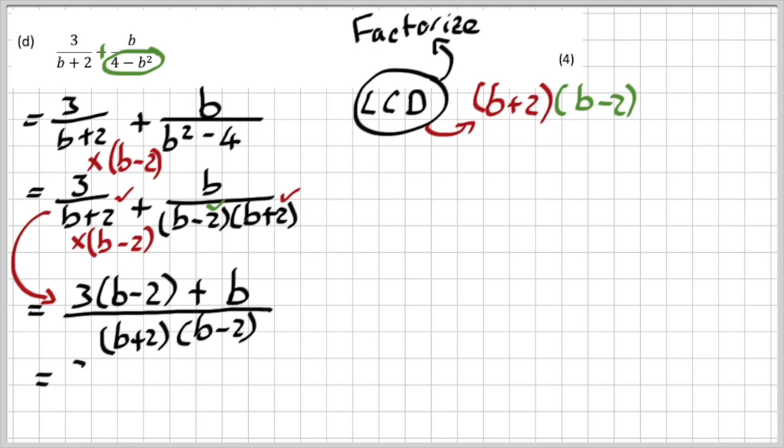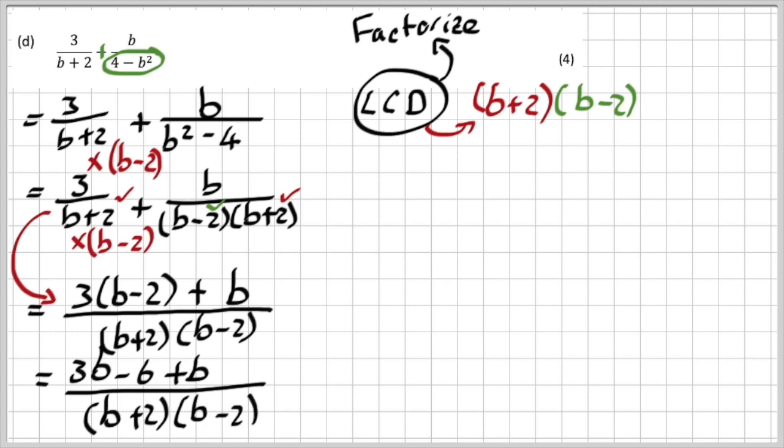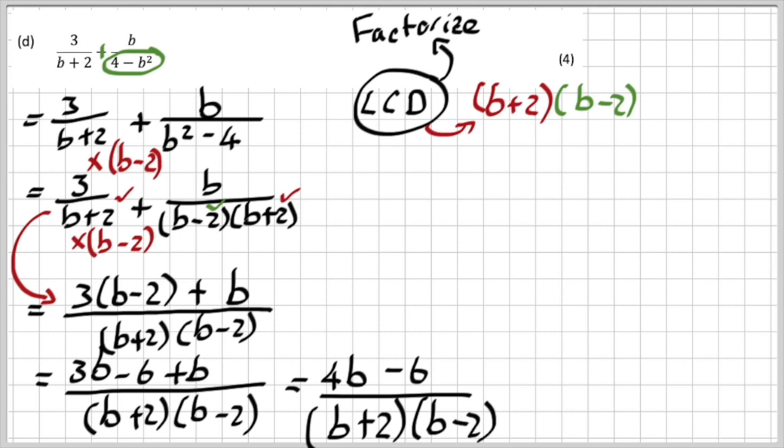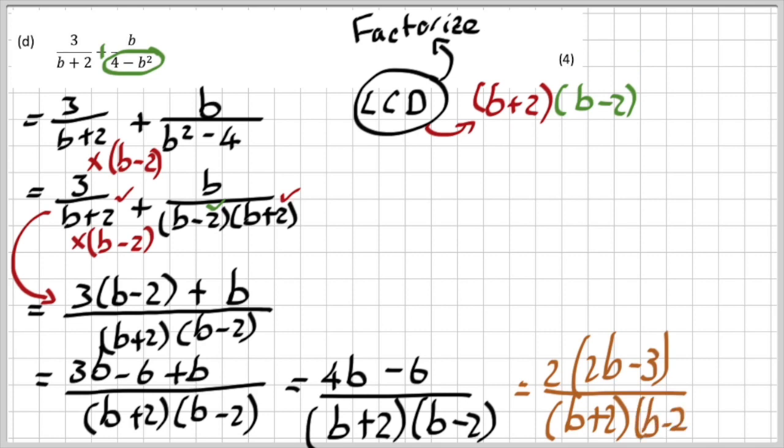So I'm going to multiply the 3 into the first bracket, and I'm going to add the like terms and see maybe things can divide away. Now I can take it one step further than this by taking out a 2 common, and I'm left with 2 times (b minus 3) over (b plus 2)(b minus 2).